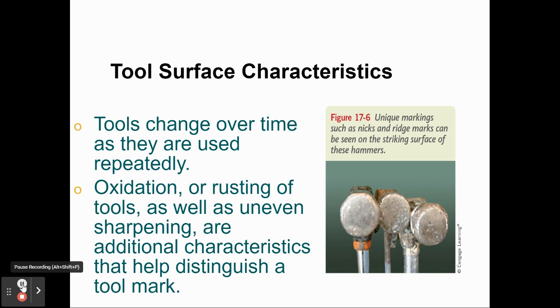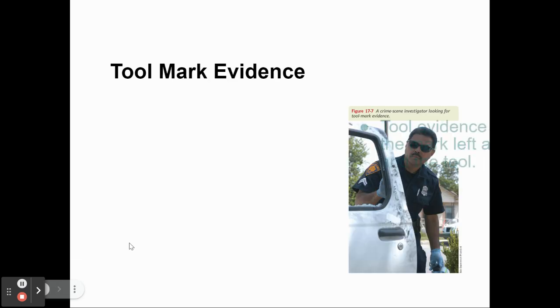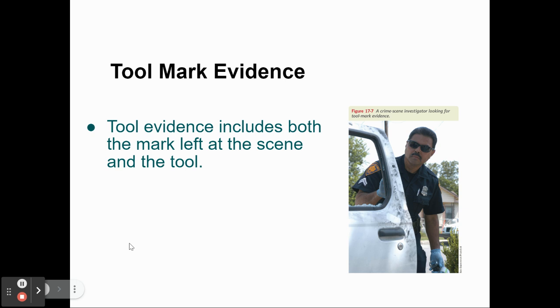Dare I even say maybe a match? Okay. So looking at tool mark evidence, investigators ideally would love to have both the tool itself as well as the impressions that it ended up creating.